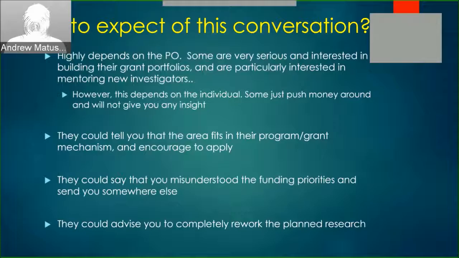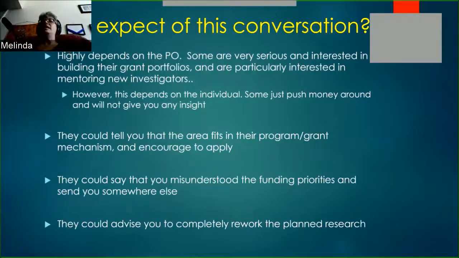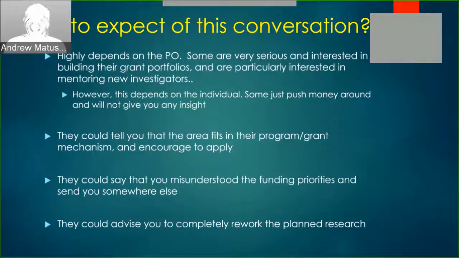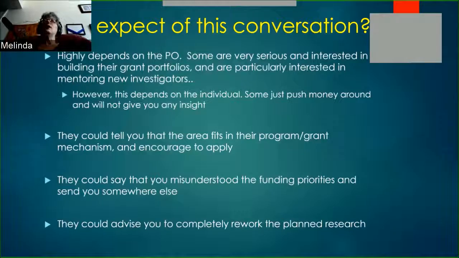In general, I have an amazing PO, but even talking to colleagues who are working with other POs, I don't know of anybody who has problems getting POs to respond to them at the NIH.